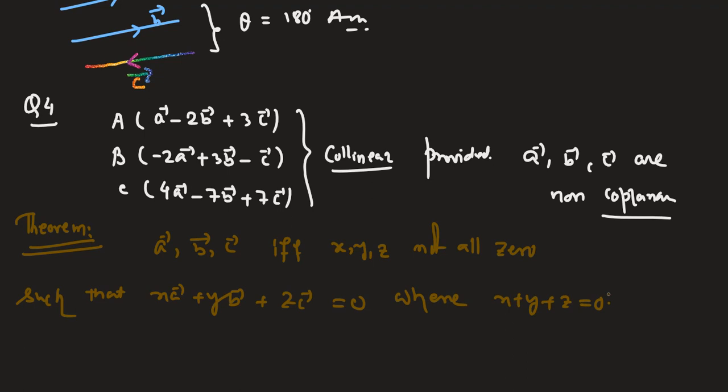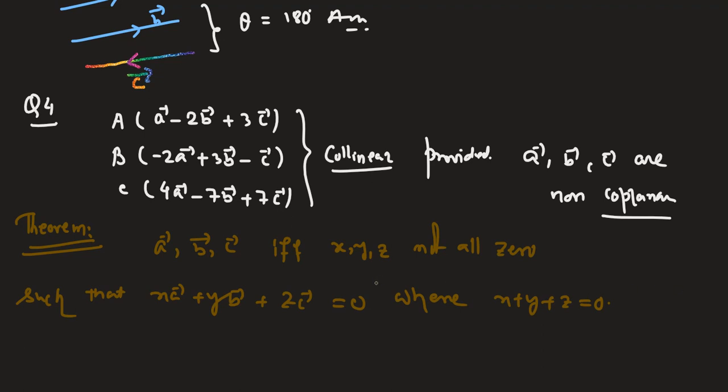So what is the theorem regarding the three collinear points? It says that if you have the three vectors a, b, c, which are the position vectors of the points, then they will be collinear if and only if we are able to find the scalars x, y, z such that xa plus yb plus zc is 0 and the sum of the scalars must be 0.